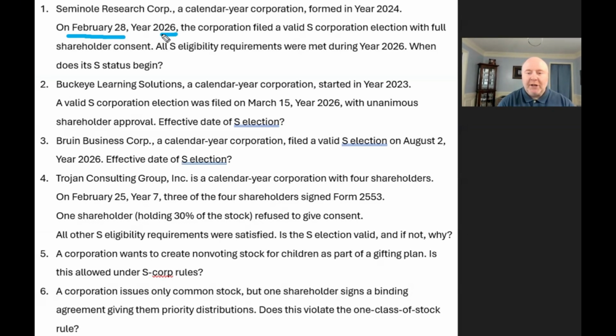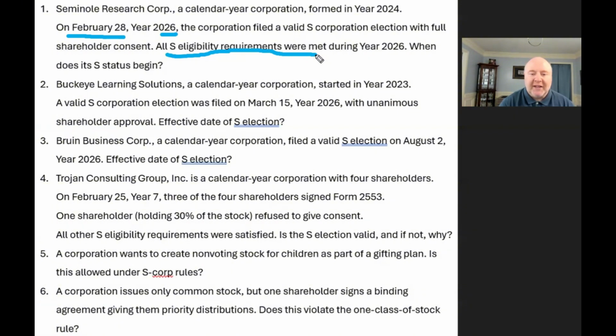If we did this by March 15th, then we go retroactively back, so we're going to be January 1st, 2026. That's going to be when we are formed. Especially since all eligibility requirements were met, right? That's a big deal. You have to meet the requirements to become an S corporation in the first place.